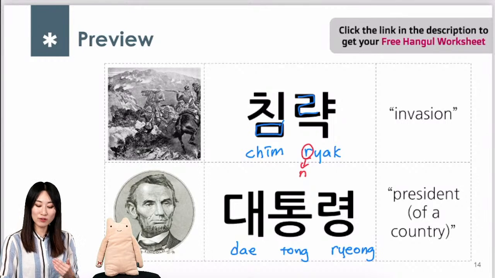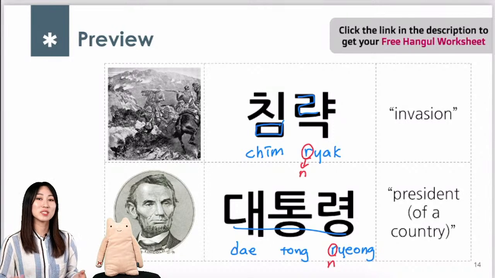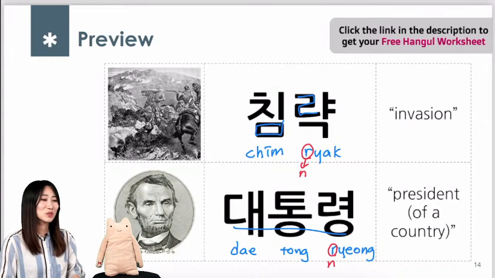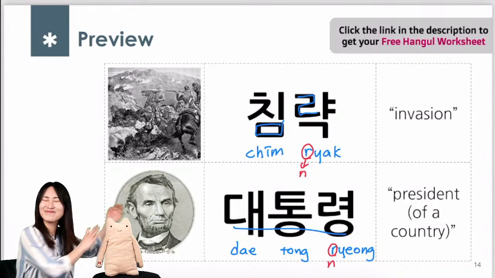This is how we write it. To pronounce it easily, we change this to N, like 대통녕. 대통령 means president of a country. Actually, 침침이 invades our heart. Indeed. Cute.